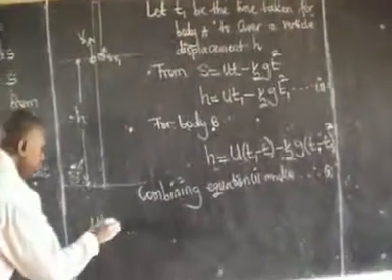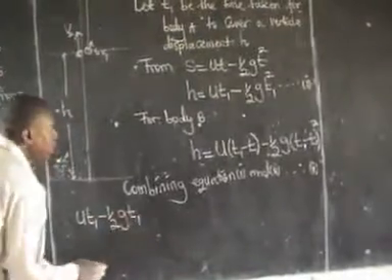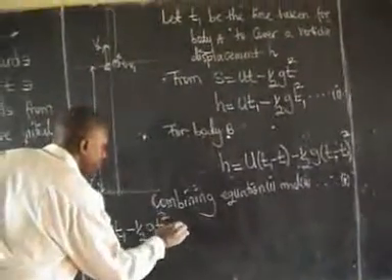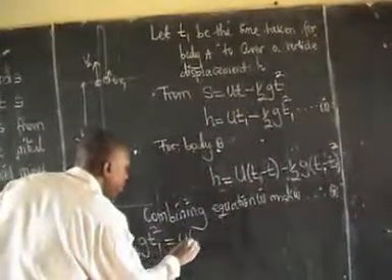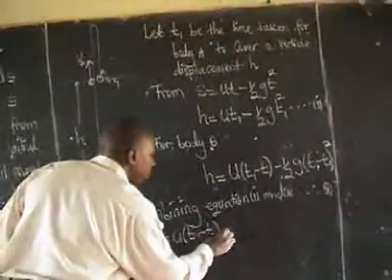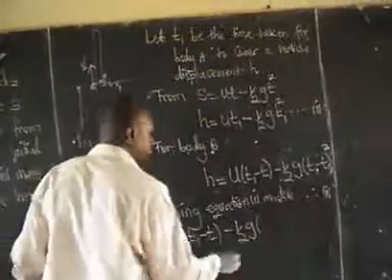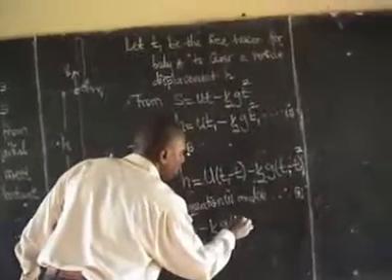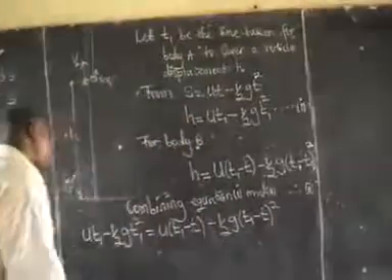ut1 minus a half g t1 squared is equal to u bracket t1 minus t minus a half g bracket t1 minus t squared.